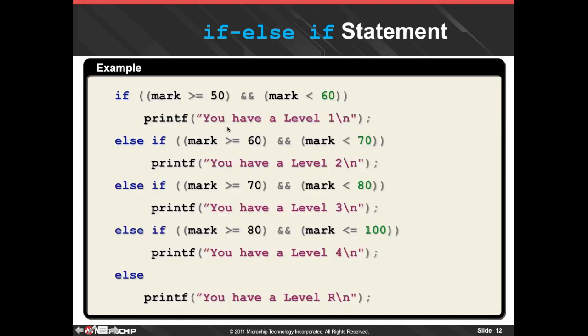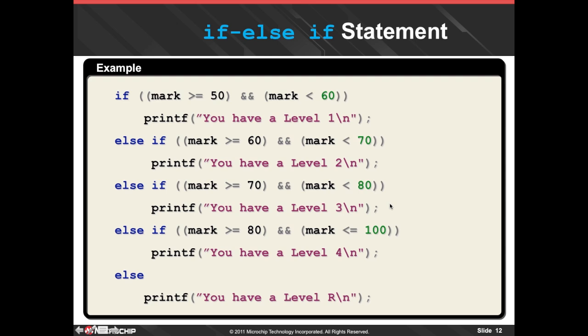So here's an example here. If I had a mark greater than or equal to 50 and less than 60, then I would have a level 1. Else if my mark was between 60 and less than 70, that would be a level 2. If it was greater than or equal to 70 and less than 80, we would have a level 3. And then if it's greater than or equal to 80 and less than or equal to 100, we'd have a level 4.